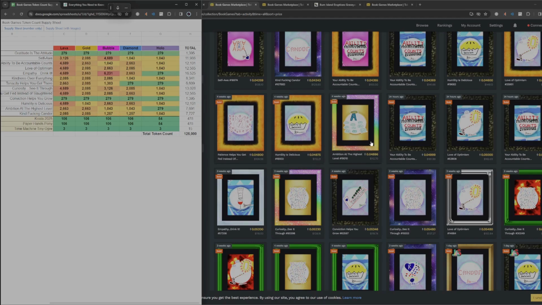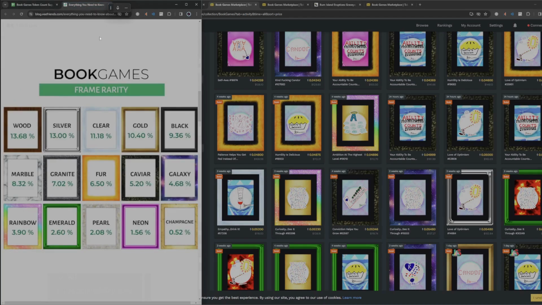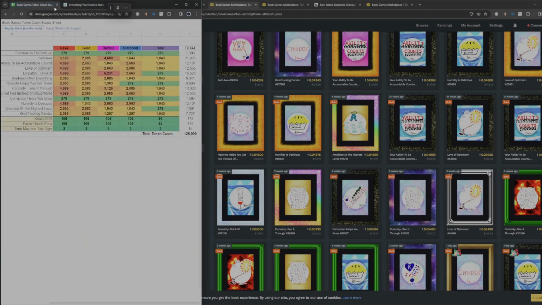So in this specific instance where we have an ambition at the highest level, that's a 7,000, and then you have rainbow 3.9, but that 3.9 includes all of the ambition, but that ambition is specifically a gold. So that's interesting.